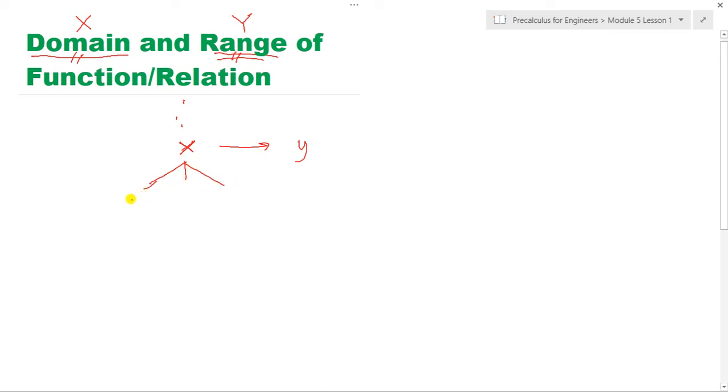So that's why it is very important to know the values of the domain and the range of x and y, so that you can tell whether your x, the independent variable, will satisfy that boundary.